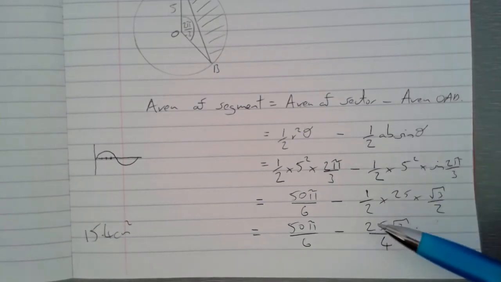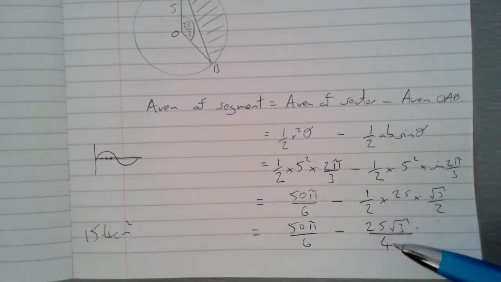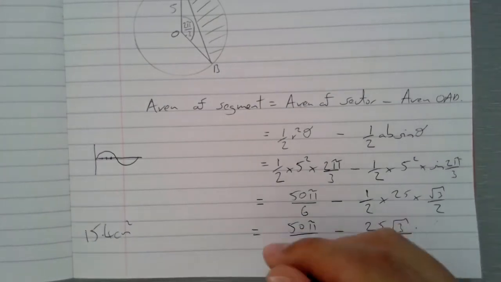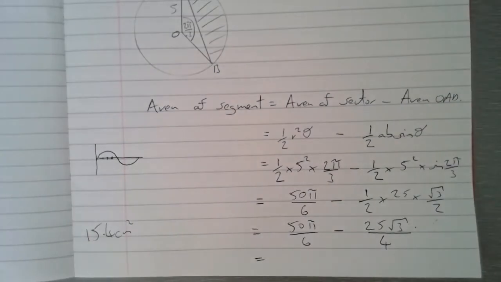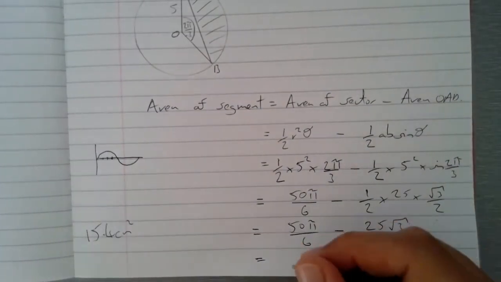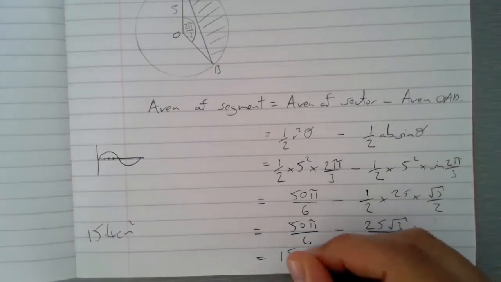So it's good to actually practice this regularly. At this stage, because it hasn't asked me to do so, I'm going to stick this into my calculator and hopefully I get the right answer. And I get 15.354, which rounds to 15.4 centimetres squared.